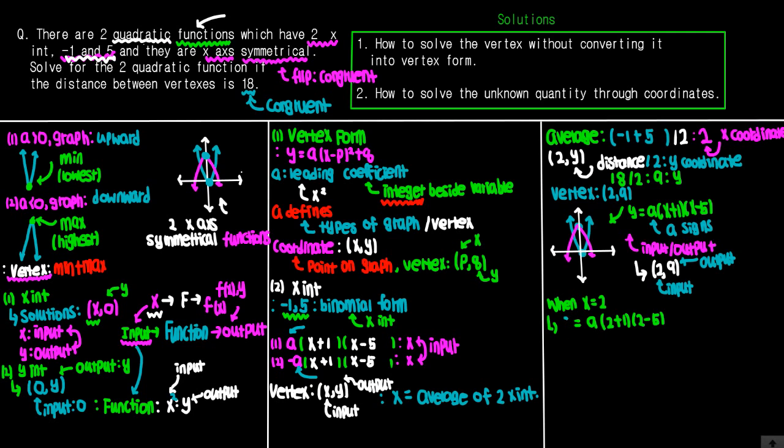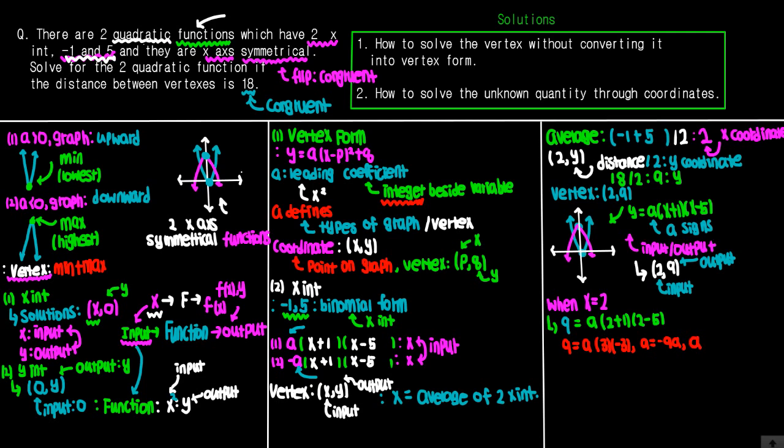So 9 is equal to a times 2 plus 1, and then 2 minus 5. Let's change the color for when x is equal to 2, so as not to be confused. If we simplify our expression, it is 9 is equal to a times 3 times negative 3. Then we get 9 is equal to negative 9a.